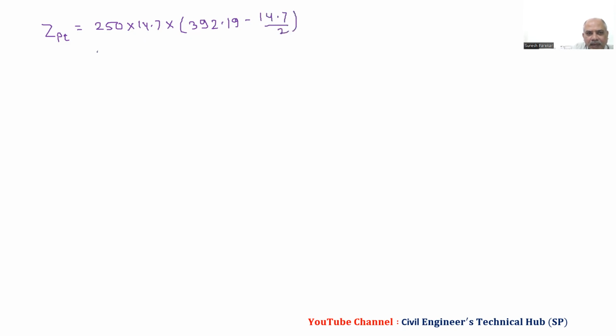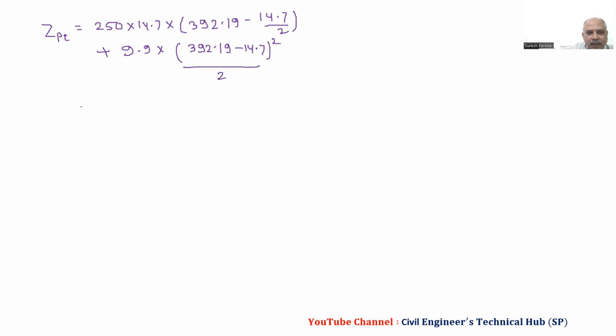Plus, we have the second part, the remaining part of the web, which will be 9.9. And we have this value 392.19 minus 14.7. And then we have the square by 2.